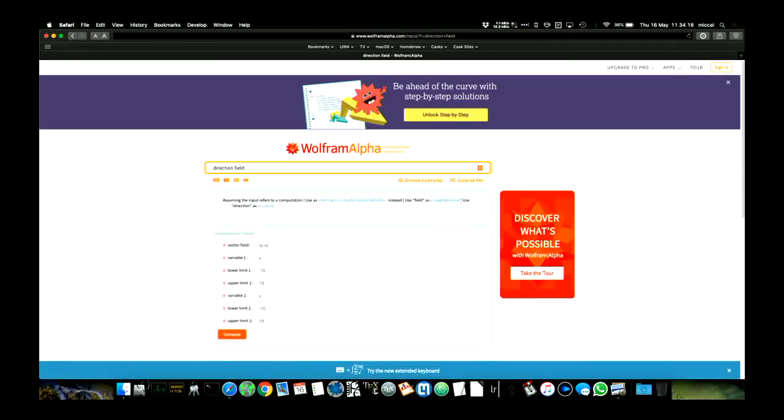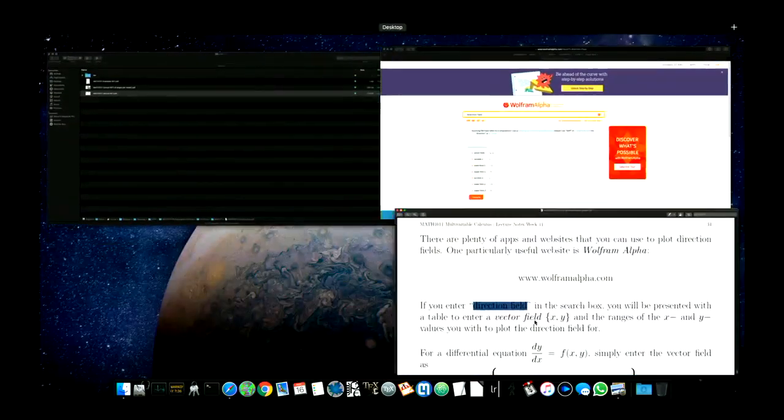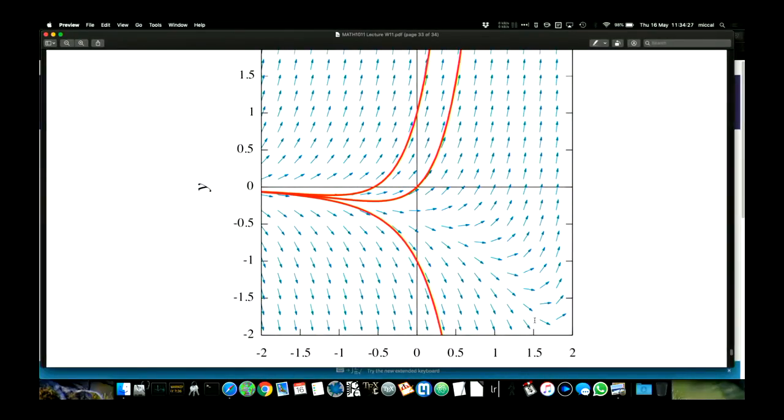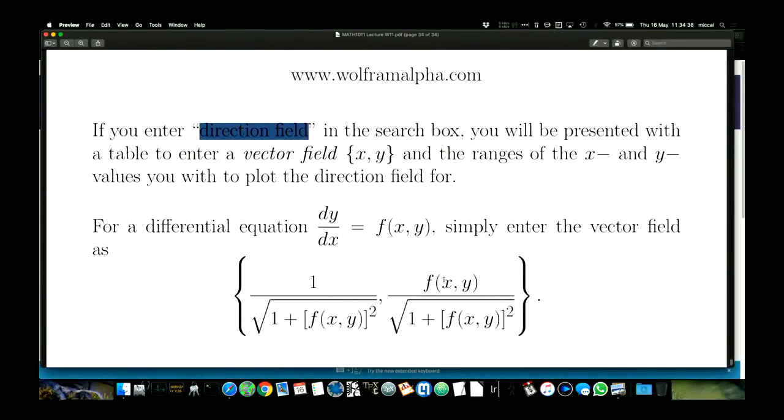Now, notice it's got a thing called a vector field. Don't worry about what that means for the moment. A vector field for us is a picture of lots of little vectors. So this is a particular vector field. Now, to make the vectors all have length 1, we want them to be unit vectors.